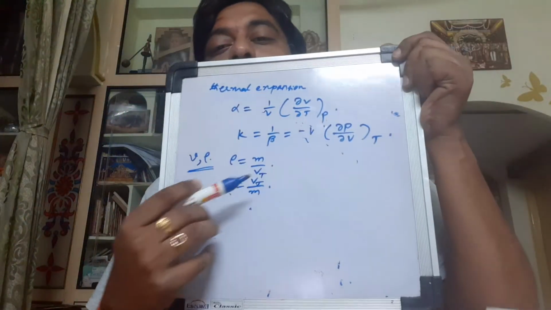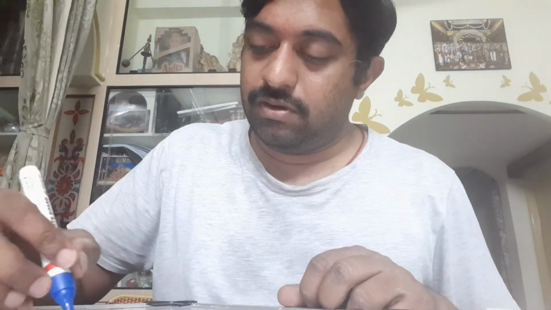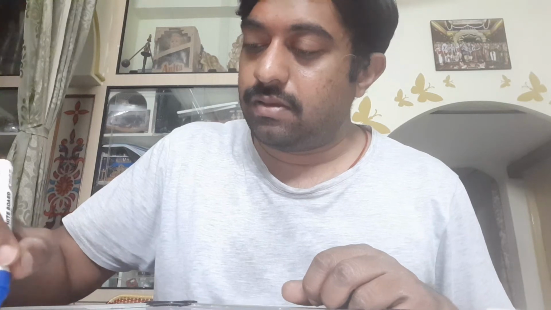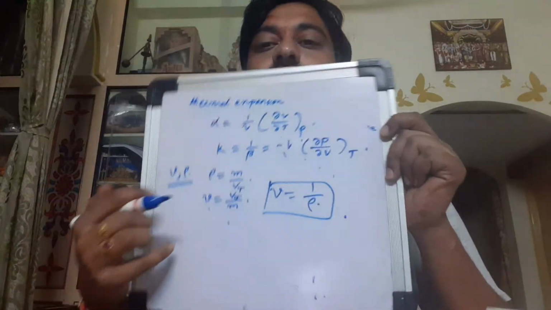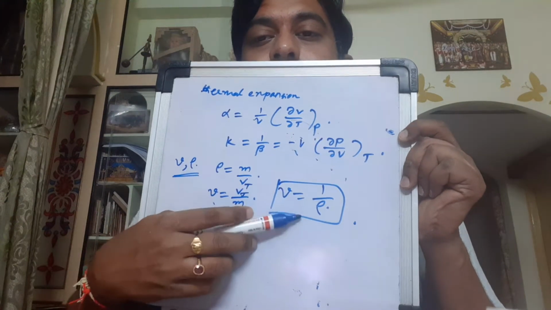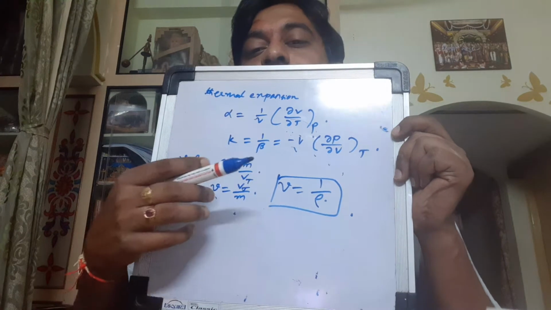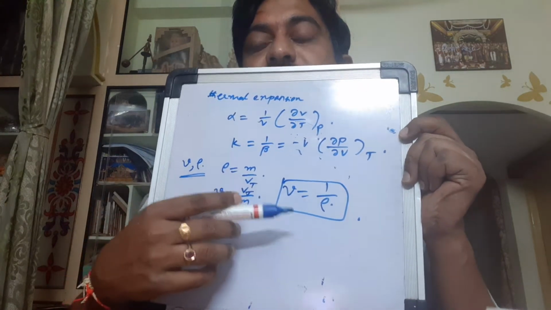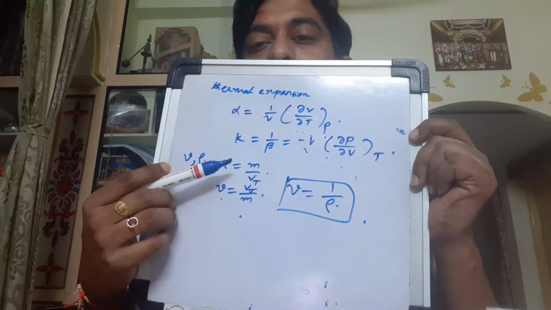So from these two observations, specific volume is equal to 1 by rho. Specific volume is 1 by rho. You can automatically understand this, because mass by volume is rho. This one everyone knows.